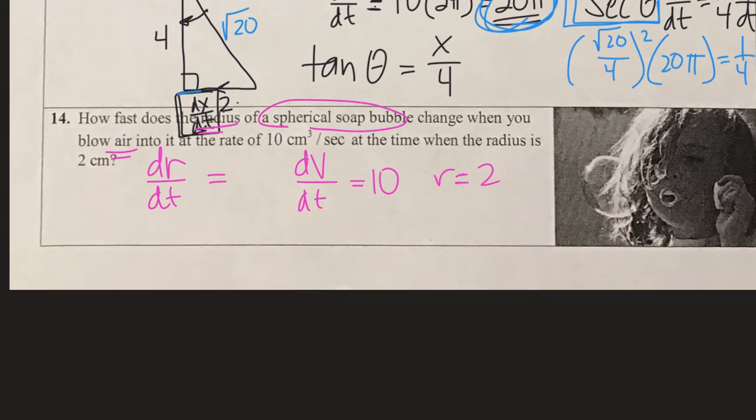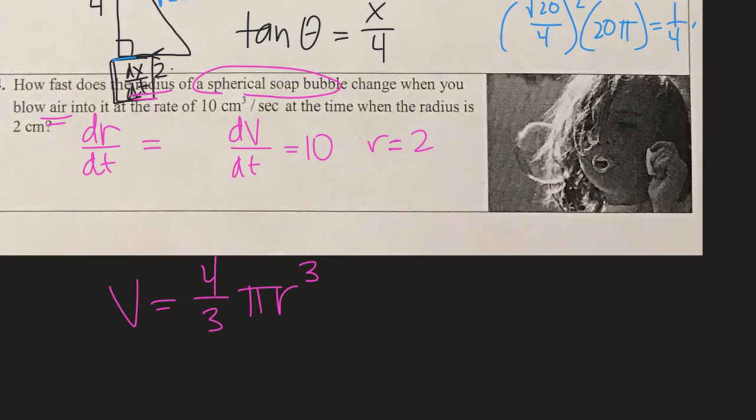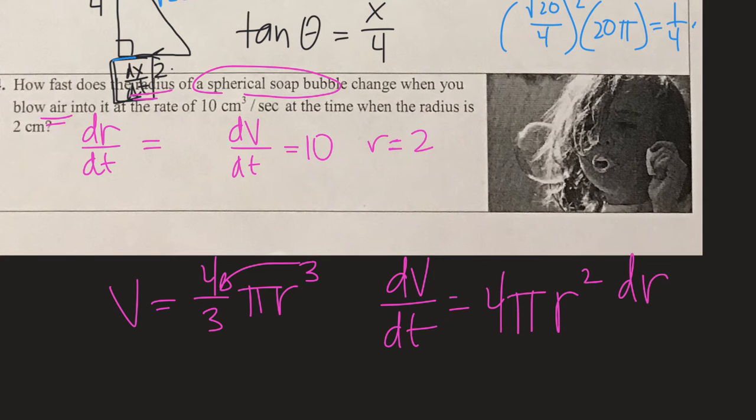Here we have to know our volume of a sphere. Volume of a sphere is 4/3 pi r cubed. That's the volume of a sphere formula. So let's take the derivative with respect to time: dV/dt equals, multiply this by 3, and I get 4 pi r squared times dr/dt.